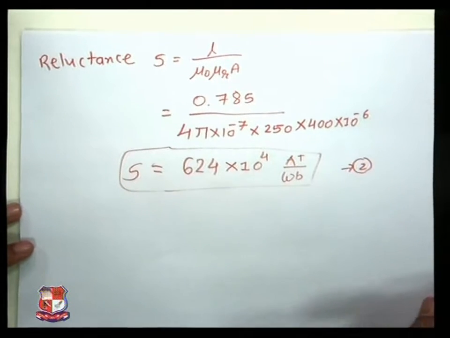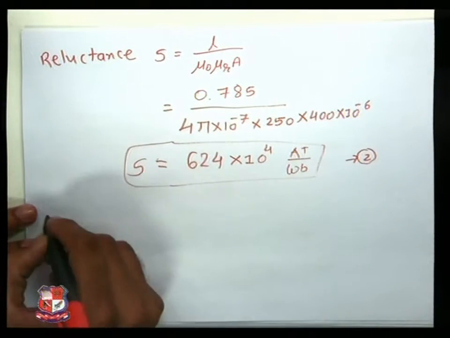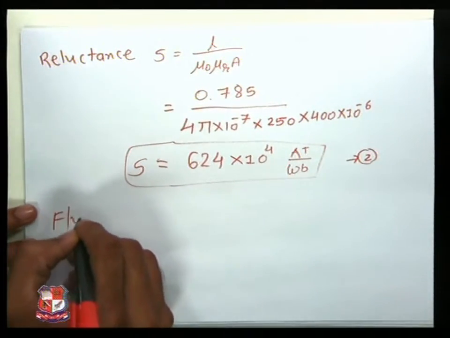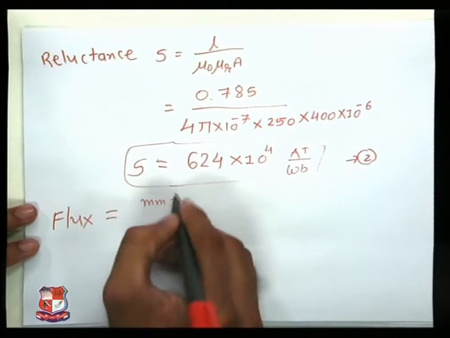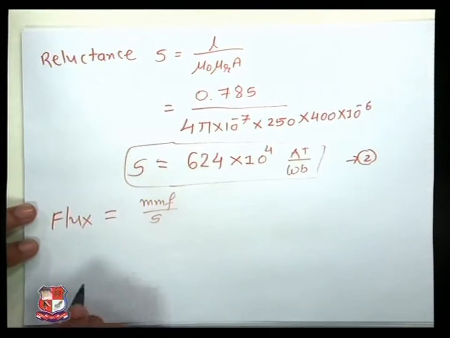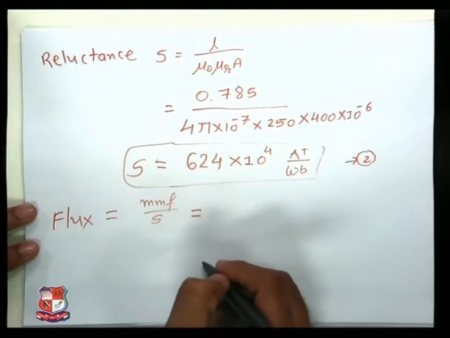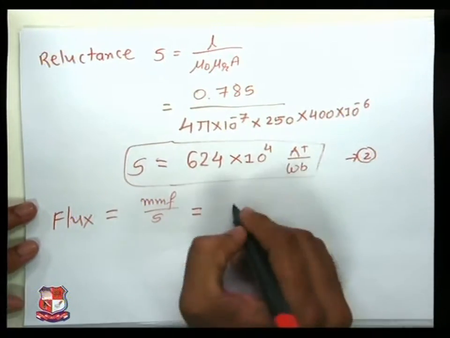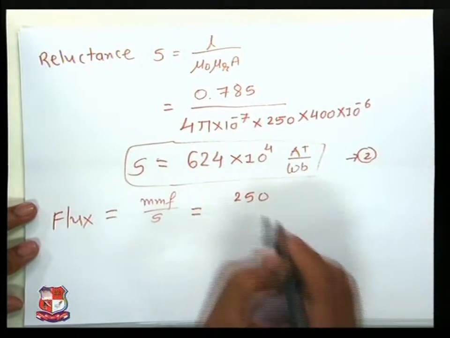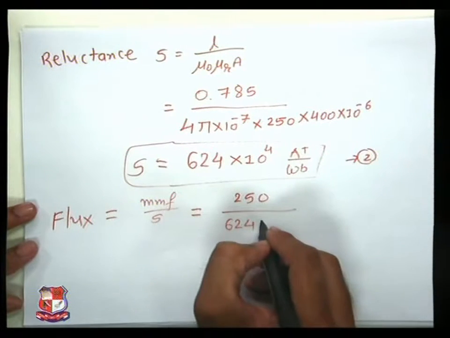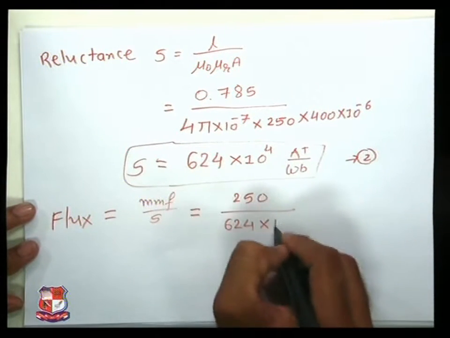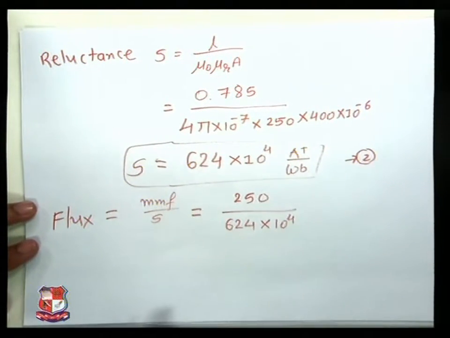So flux is given by mmf upon reluctance. As we know, the value of mmf is 250 and the value of reluctance is 624 into 10 raised to 4.